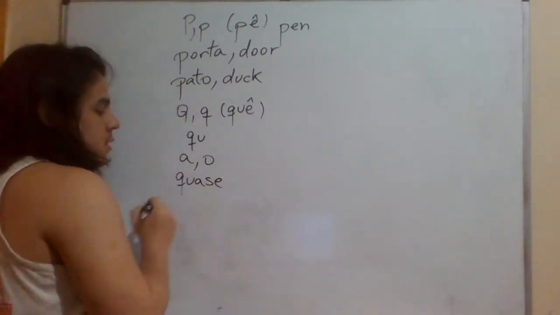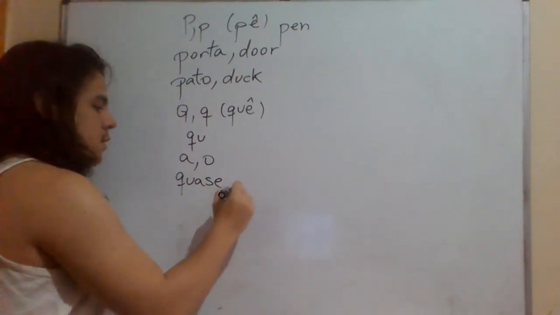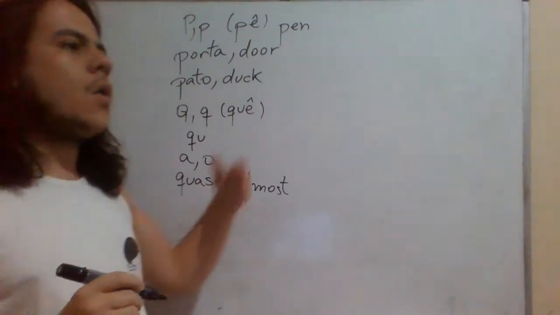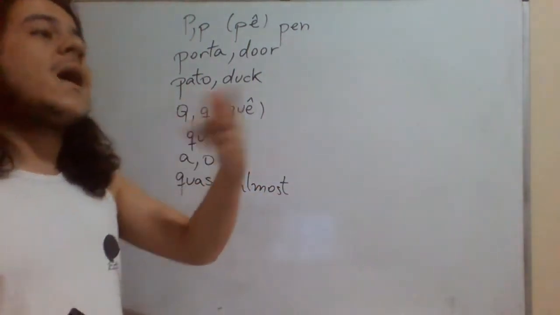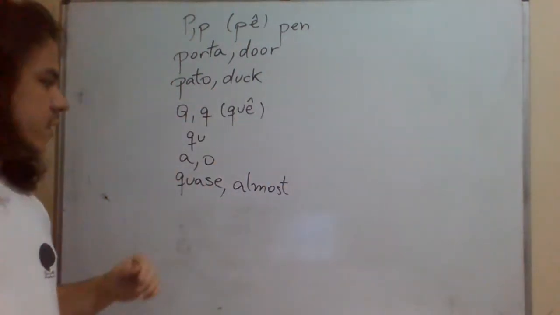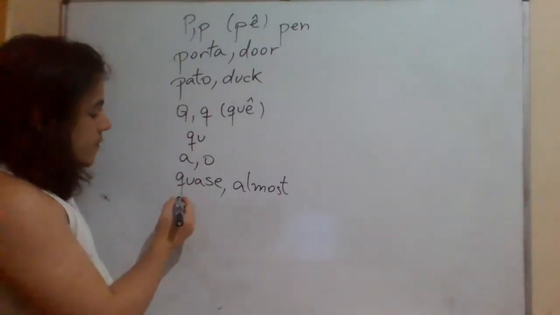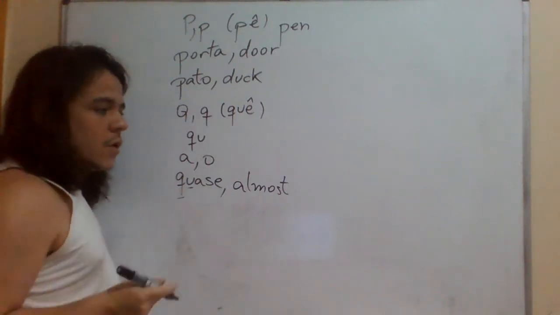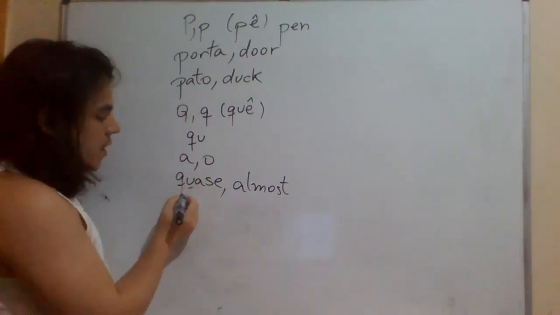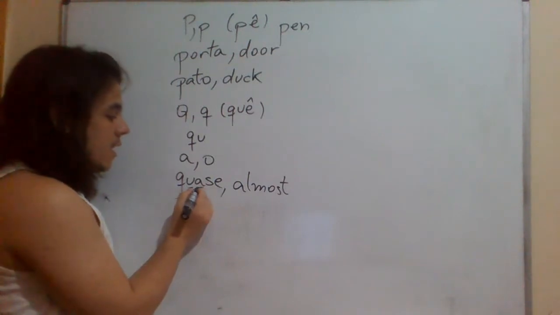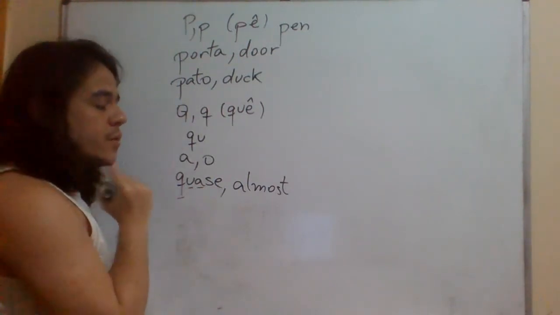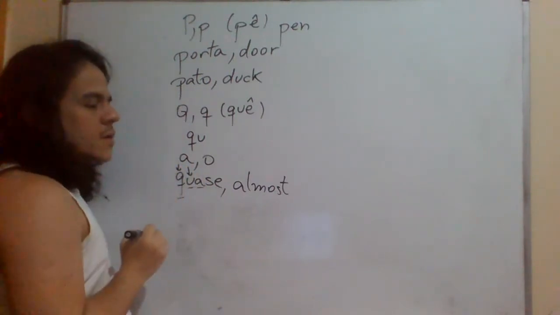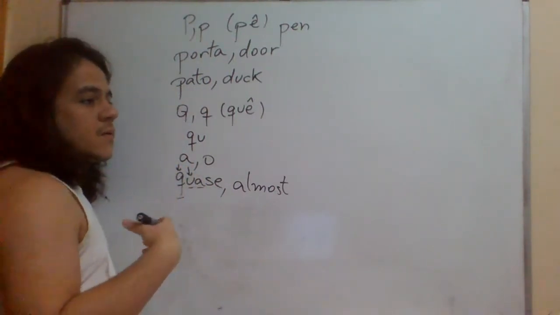For example, this word here, quase, it means almost. I almost did something. Eu quase fiz alguma coisa. So quase, here we have the letter Q together with letter U, as always, and they both are before letter A. So here we have these two letters sounding separately.